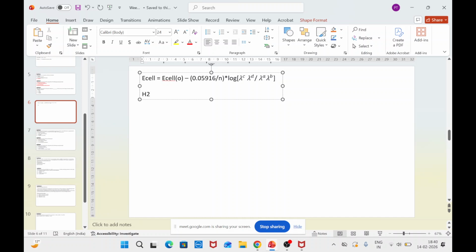So the reaction is... with respect to this particular equation, we are supposed to substitute this in the Nernst equation and then calculate the change in the EMF of a cell.